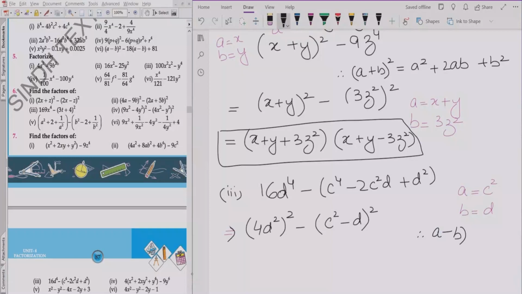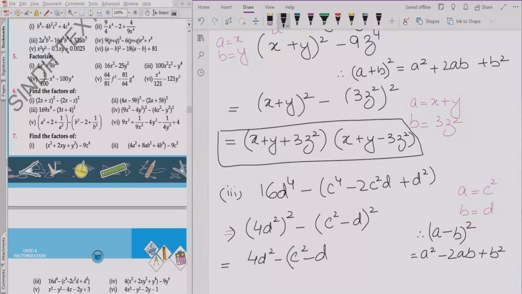This is (a minus b) whole squared equals a squared minus 2ab plus b squared, right? Now we will make it this way: 4d squared minus (c squared minus d) whole squared, with a bracket here.